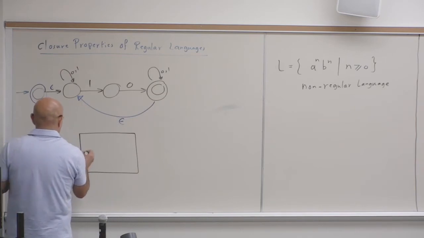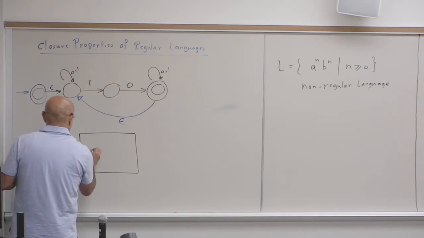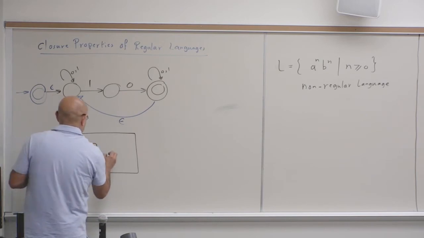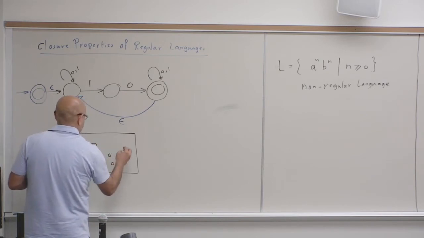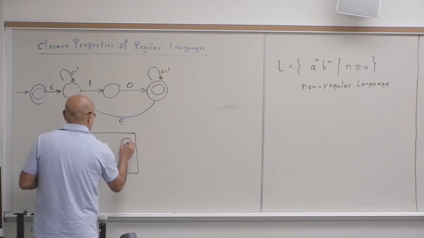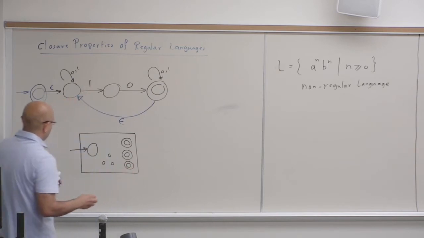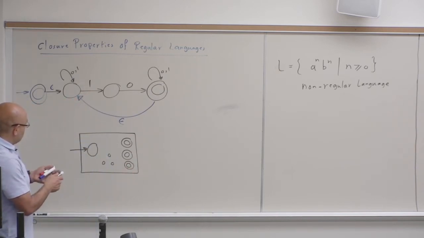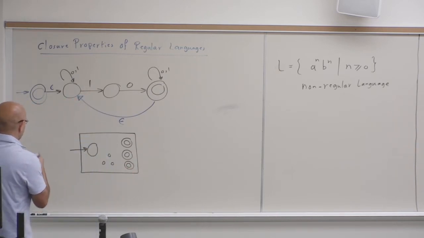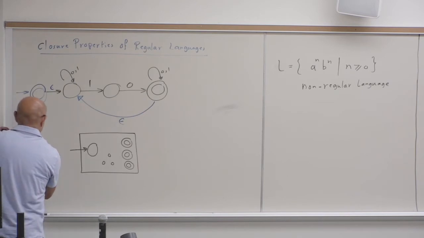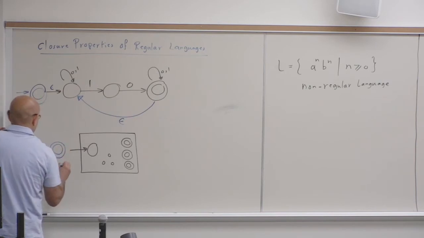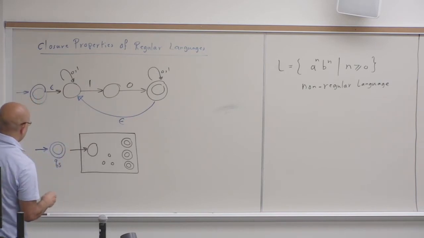So if I have a start state, and then some other internal states, and let's say some accept states. So this is general. In order to do the star, I'm going to introduce a new state. Let me call it QS for accepting epsilon.